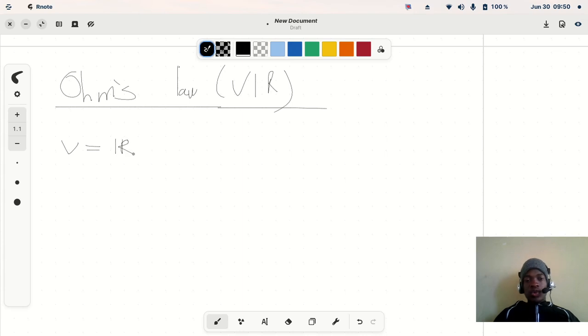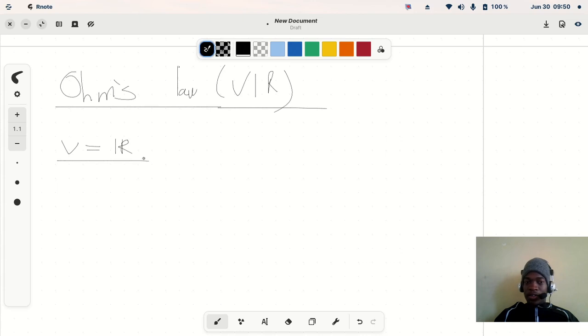The definition of Ohm's law says the potential difference across a resistor is directly proportional to the current, at constant resistance. So you have to know that definition.